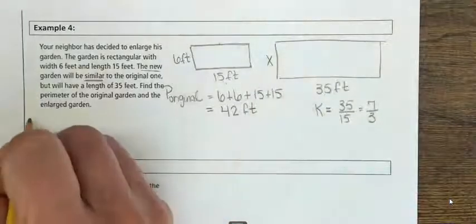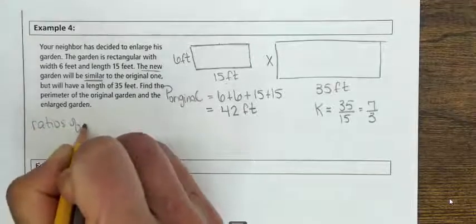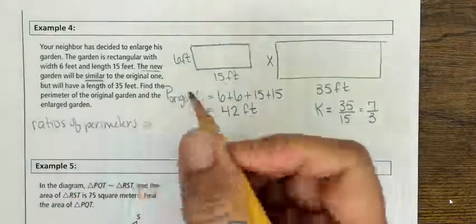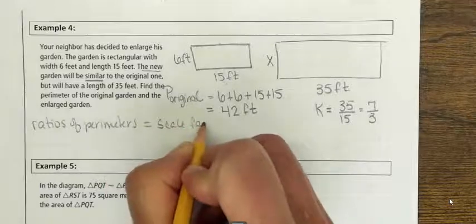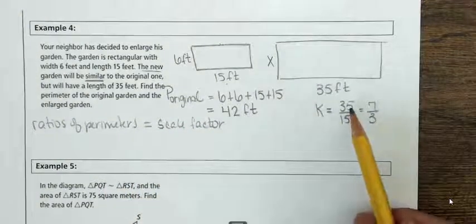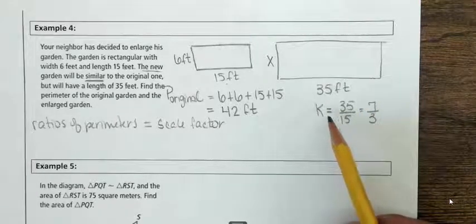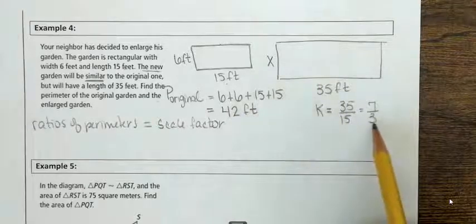And let's remember what our note said. The ratios of the perimeters equal the scale factor. So I did big over small. I'm going to do the ratios of the perimeters, the big one over the small one, and set it equal to the scale factor.